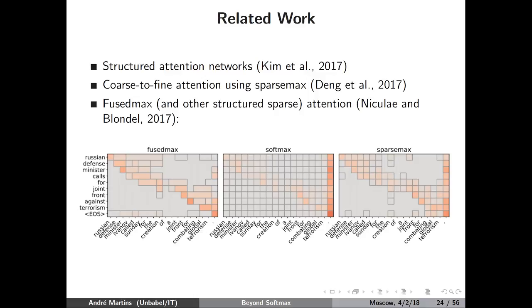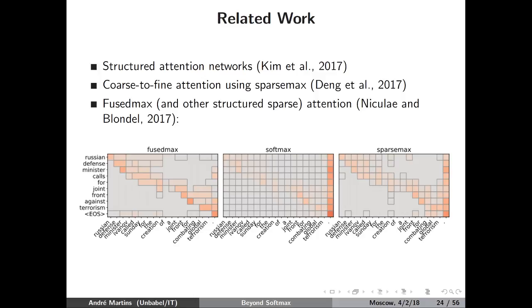There's work on defining coarse-to-fine attention using Sparsemax, and there's really nice work by Vlad Niculae and Mathieu Blondel, recently published at NIPS, where they generalize Sparsemax to have some kind of structure. For example, to try to have sparsity in groups of words instead of on individual words.